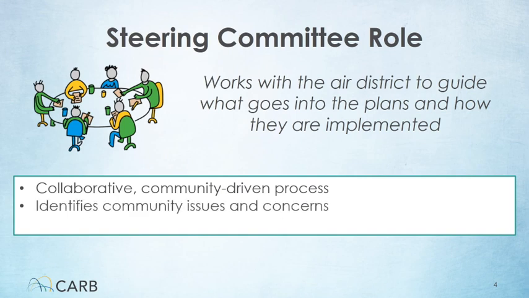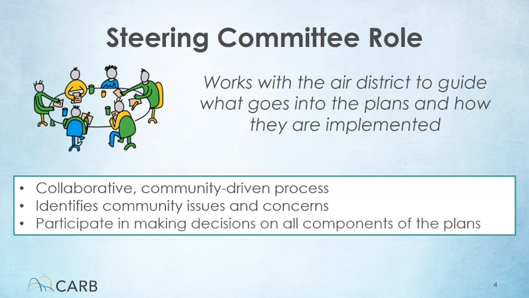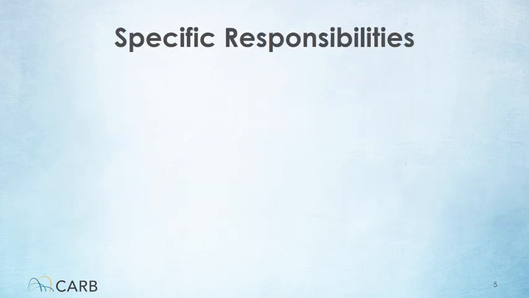The steering committee drives discussions around community issues and concerns and participates in making decisions on the plans. In addition to its fundamental role in guiding development and implementation, steering committees have a few specific responsibilities.